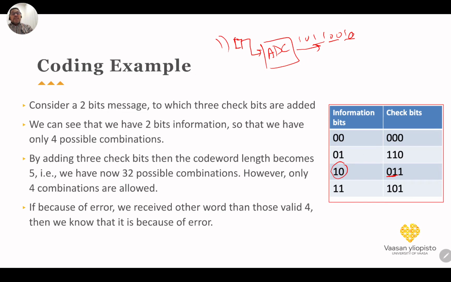Out of those 2 bits, the total number of combinations that we can obtain is 4. However, after adding those 3 parity bits, the total is 5 bits, so the total number of possible combinations is 2 to the power 5, which equals 32. Out of those 32, we have only 4 valid combinations.